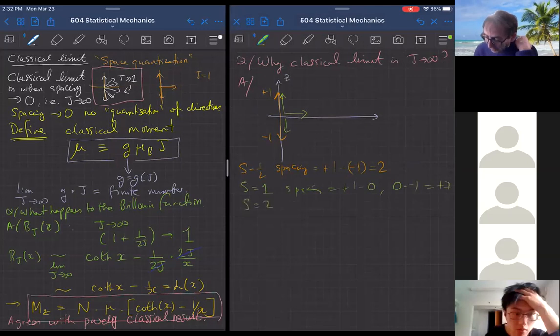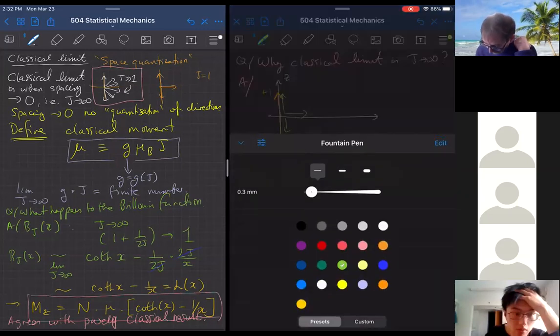If I had s equal to 2, what I would have is this.